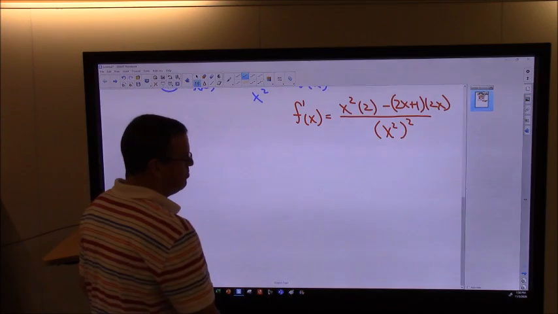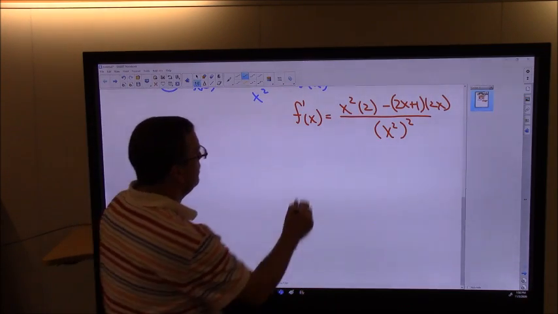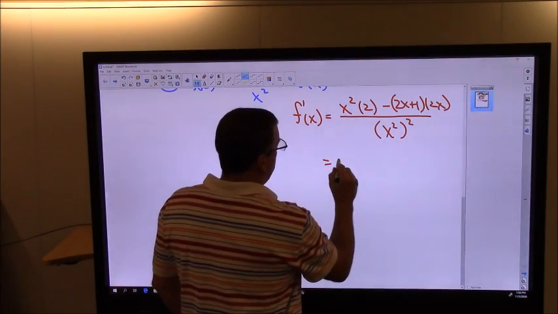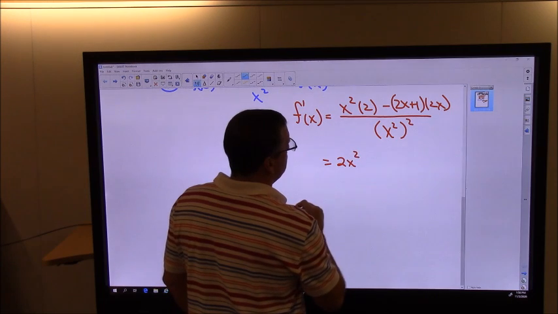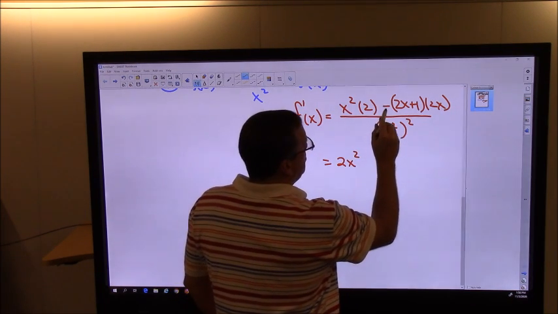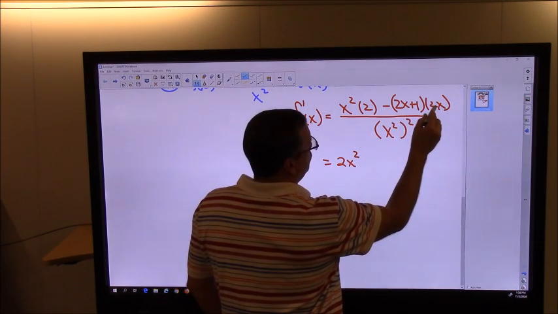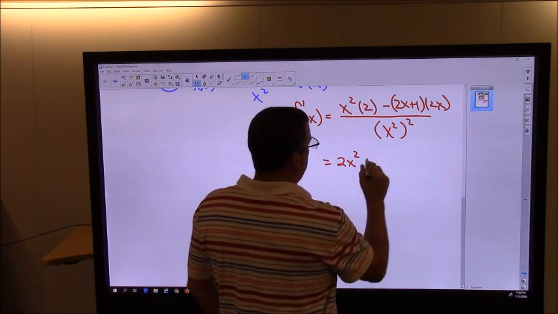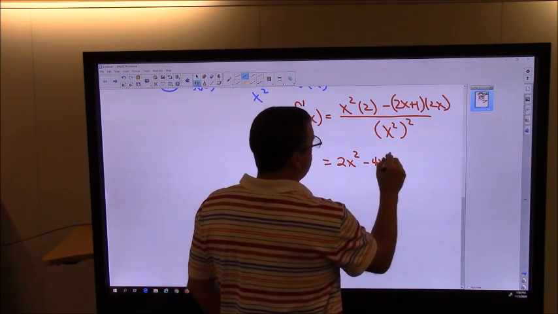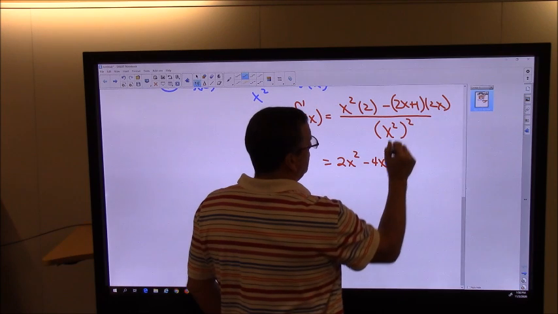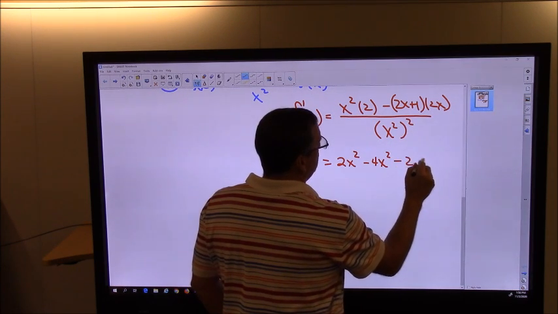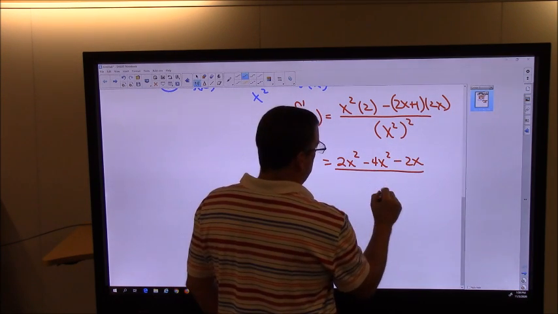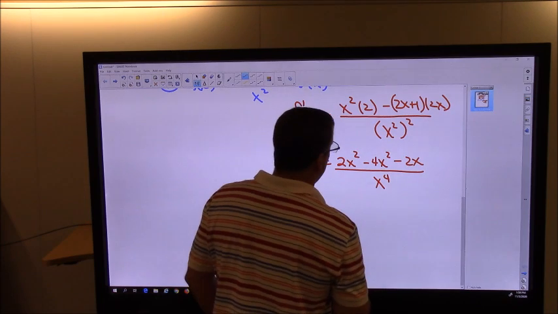And then we just have to simplify it. So this will be 2x squared. I'm going to think of this as a negative 2x times both of these. So a negative 2x times 2x, that's a negative 4x squared. Negative 2x times 1, that'll be a negative 2x. All over x to the fourth.